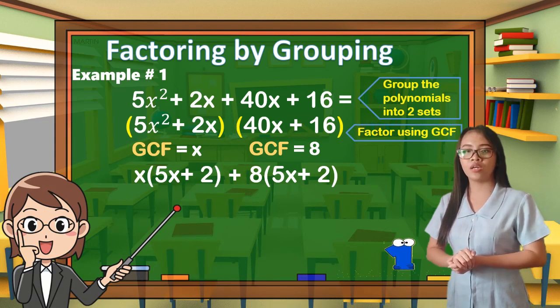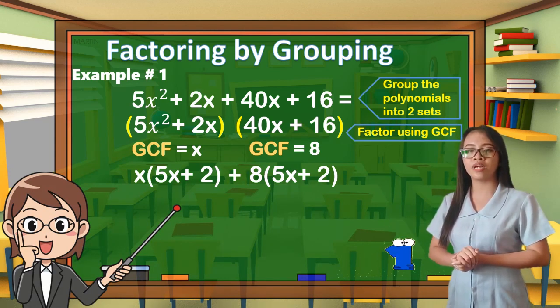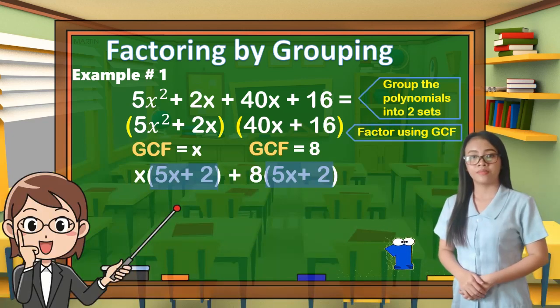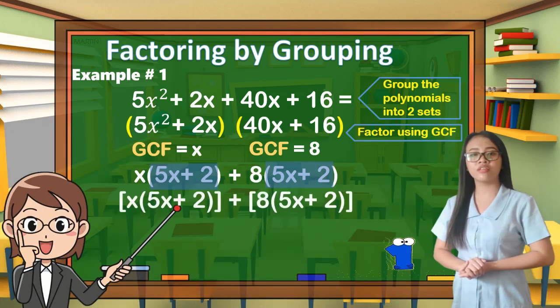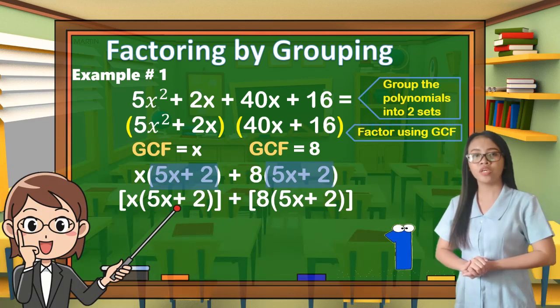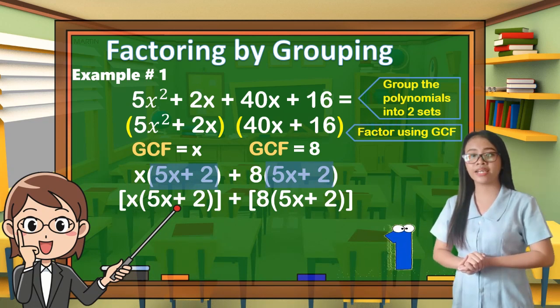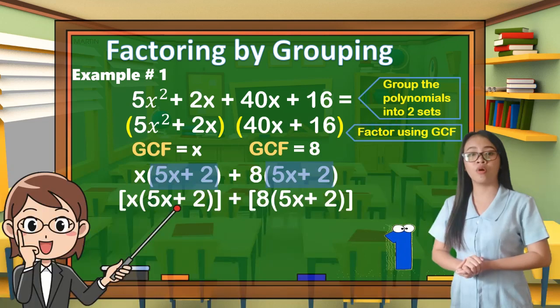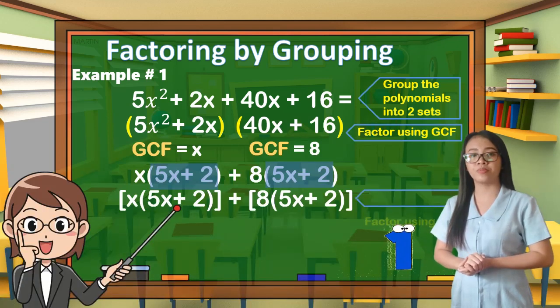So if this happens, we can treat it as 2 separate terms that we can also factor out. Since we're using factoring by GCF, we can also use this in the second factored form of our polynomial. Because 5x plus 2 is a common term in our first big group and second big group, we can put it outside, and our GCF is 5x plus 2.